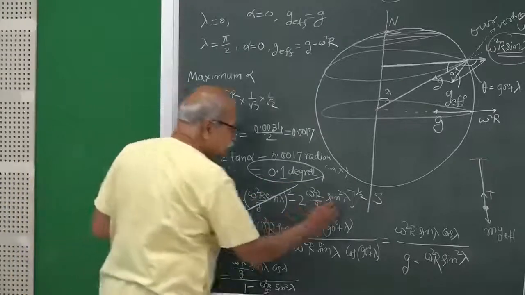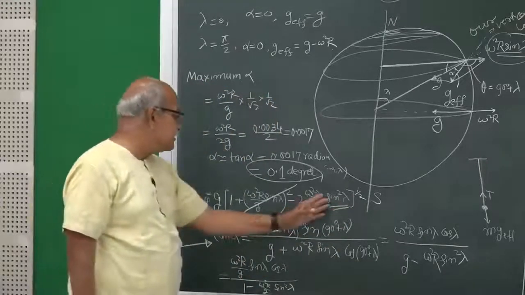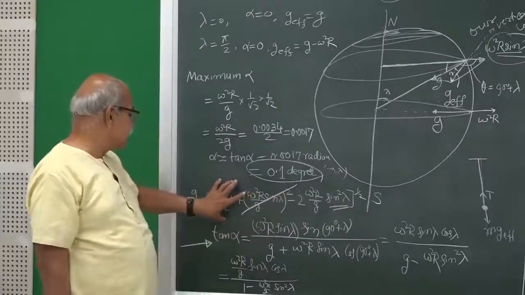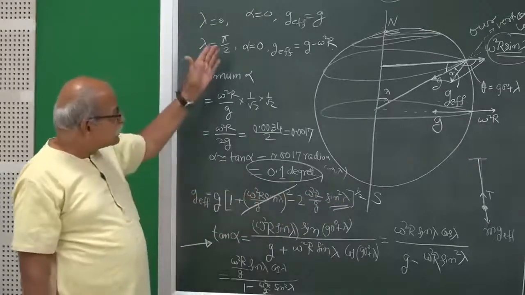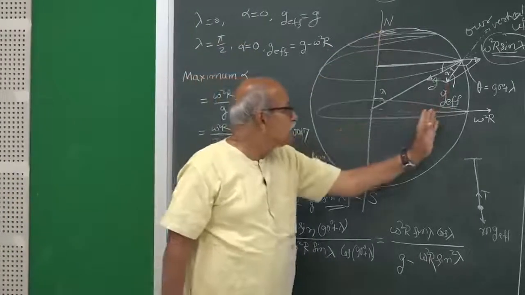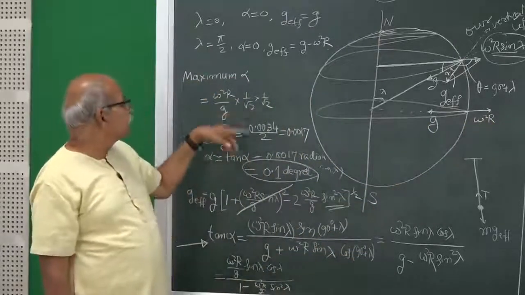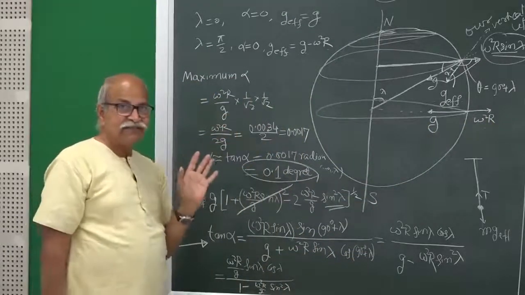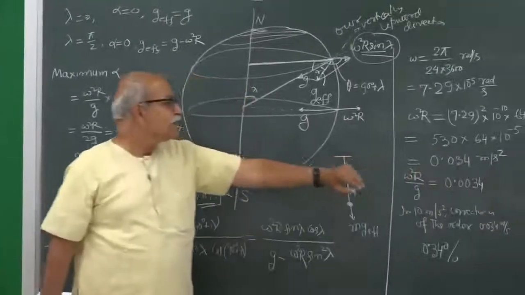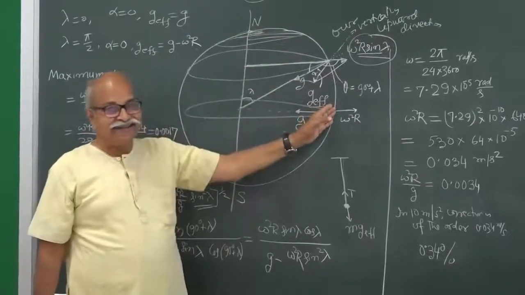As your lambda is increasing, gradually this quantity will increase and this quantity will decrease. So, g effective will continuously decrease from g to this value g minus omega square r, and remember omega square r is only 0.034 meter per second square. So, it gradually decreases and it reaches here.